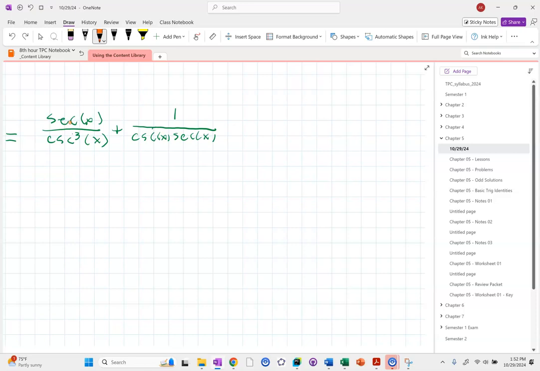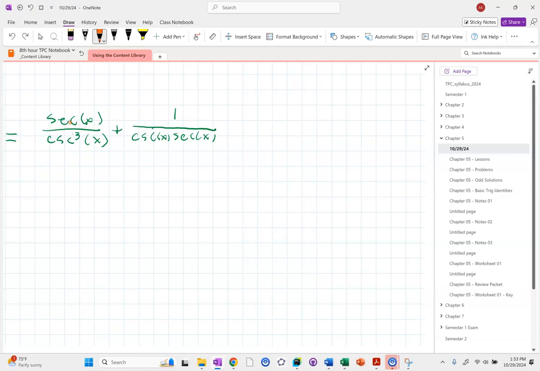Because you don't have a tangent or a cotangent in this problem. You changing your mind? Yeah, I think this is an algebra step here. I don't think there's a good identity to use here to make life easier. So what algebra thing can we do?